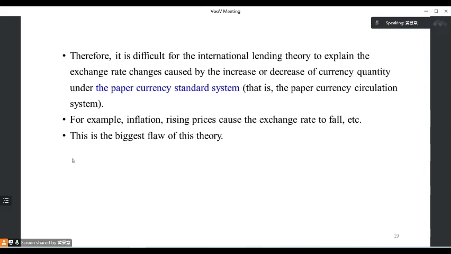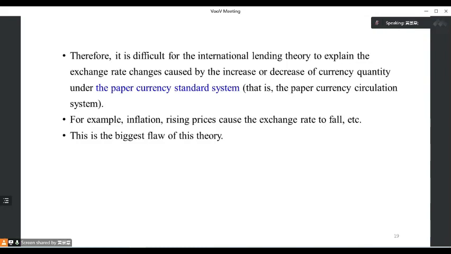At this part of the PPT, we should find that the theory has a flaw: it could not explain the exchange rate change caused by the increase or decrease of currency quantity on the paper currency standard system.